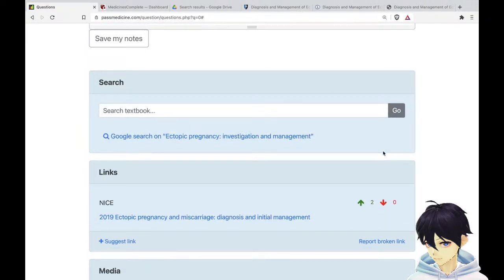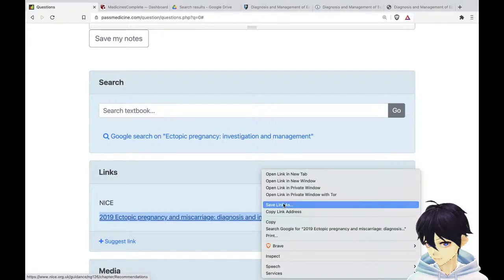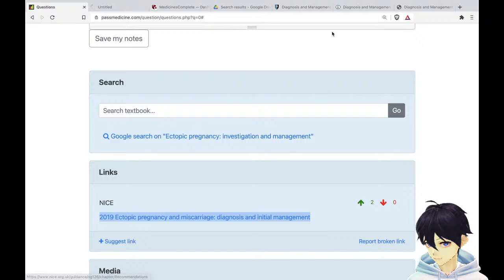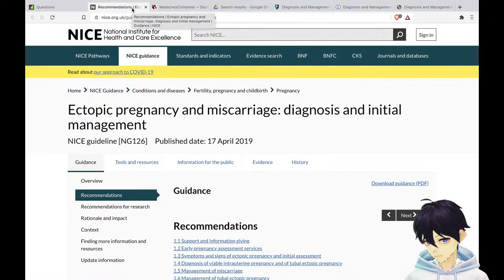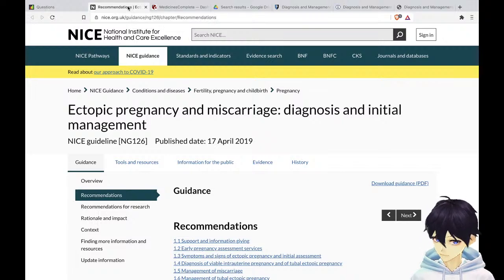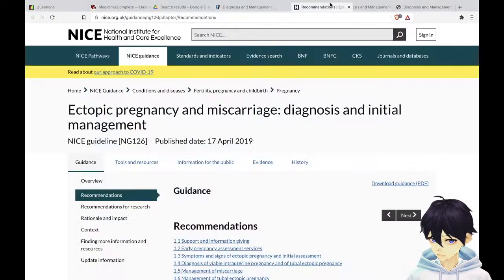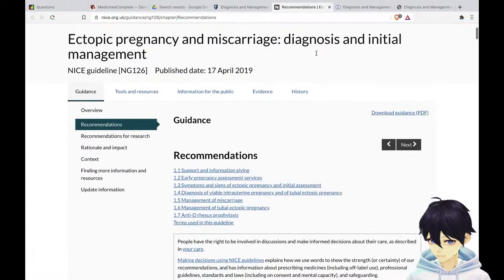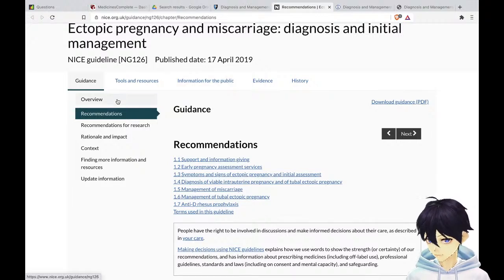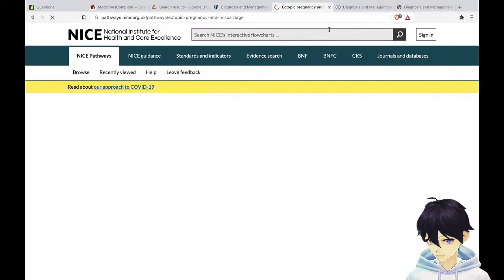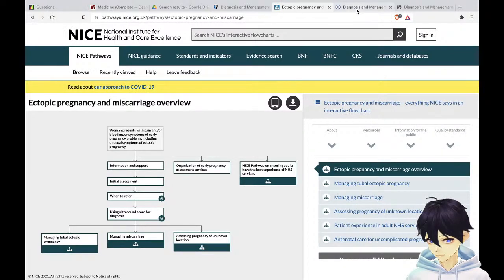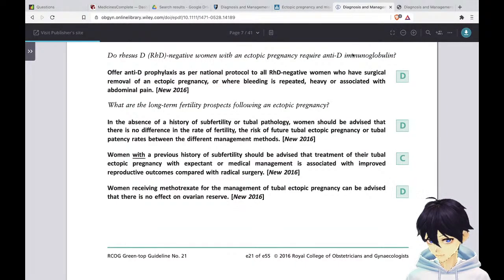Okay. Oh, there's NICE guidelines on ectopic pregnancy. Nice, does have guidelines. Let's look at the overview. But RCOG didn't point me towards NICE.